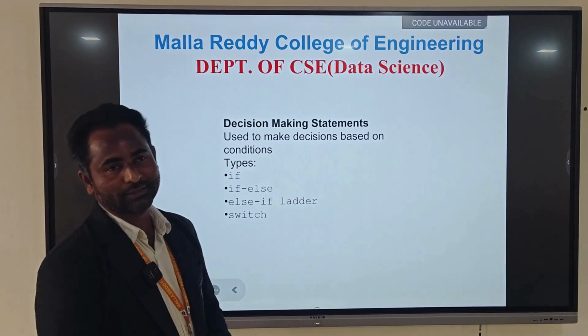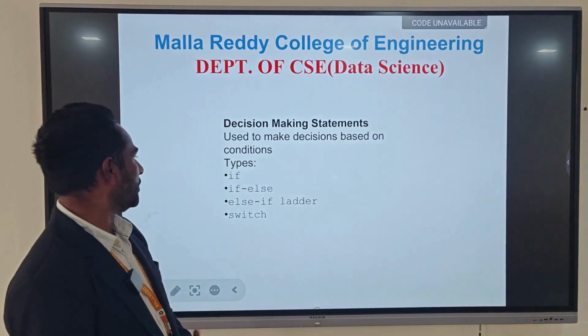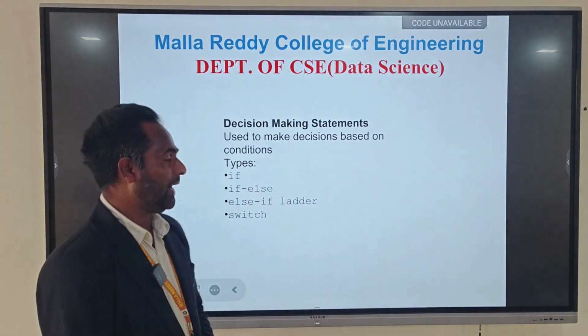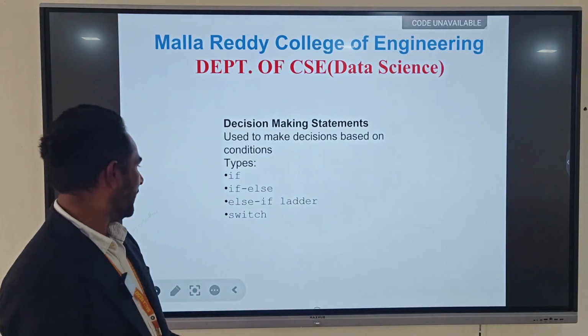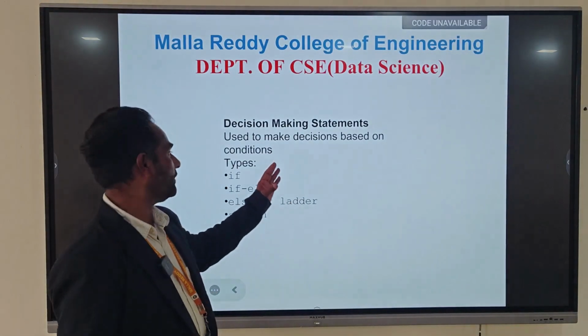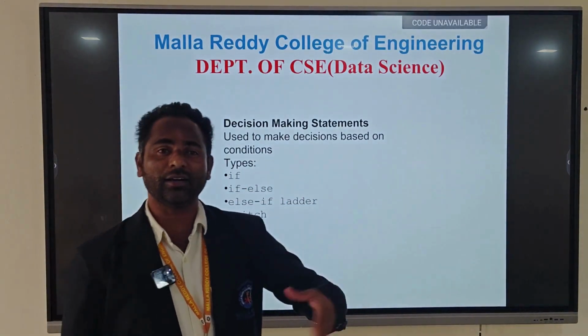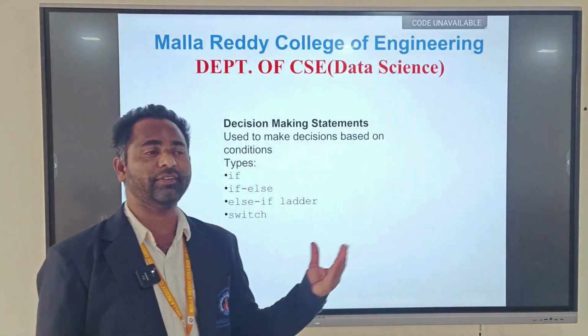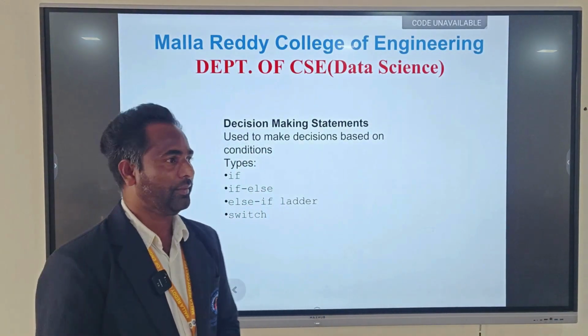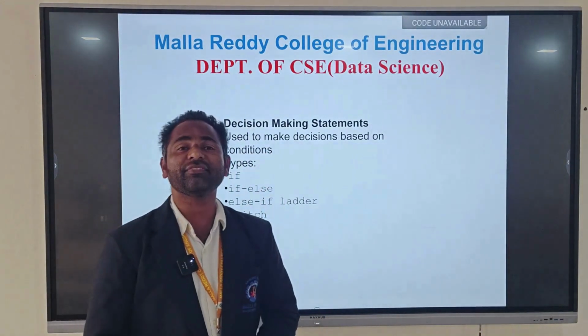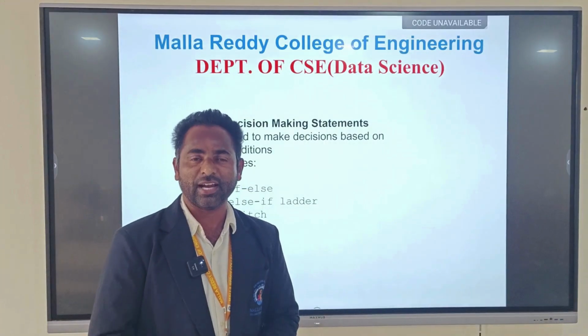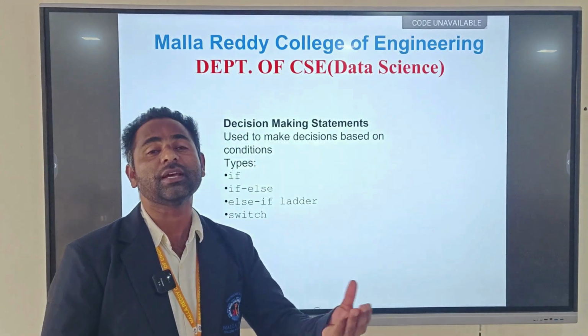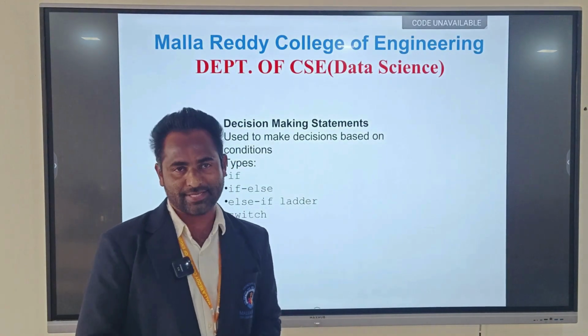In decision making statements, there are four types: if, if else, else if ladder, and finally switch. Each one plays a different role. If gives only a single statement. Coming to if else, if the condition is not satisfied, then it goes to the second condition with the help of the else statement.